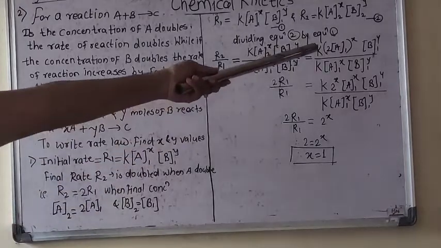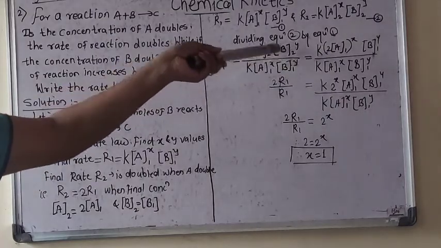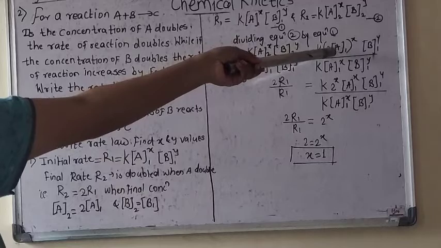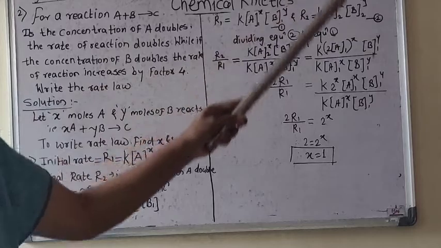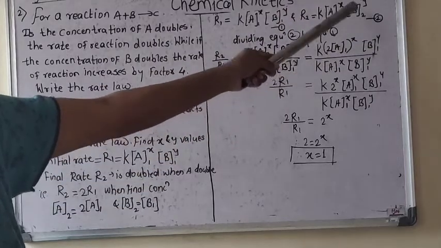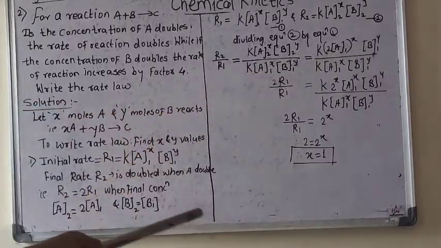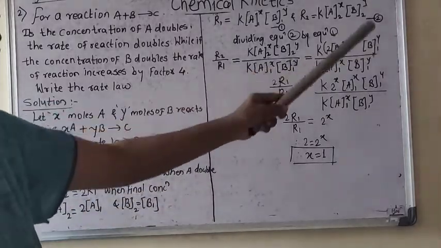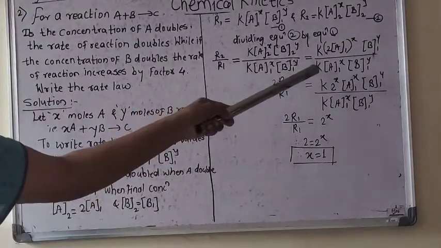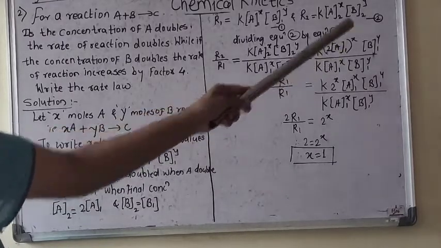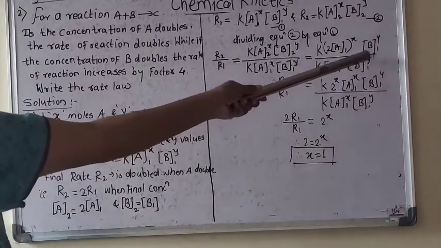So instead of A2 we write twice A1, the whole bracket to the power of X, and B2 is equal to B1, so we write B1 to the power of Y. The denominator is K times A1 to the power of X times B1 to the power of Y.